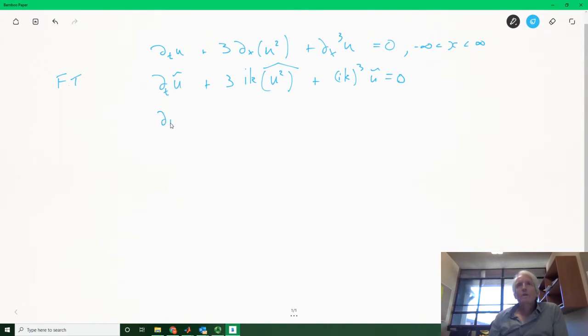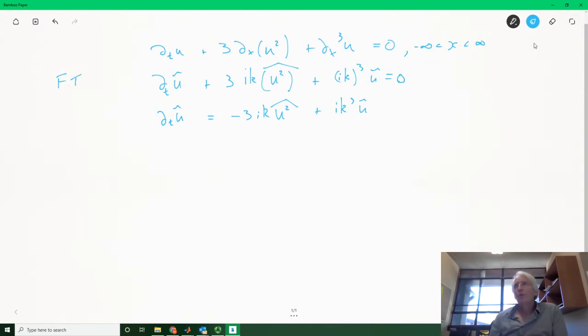Right, so we write this as the following. I've got rid of the minus here by cubing only the k. So this is the method here.